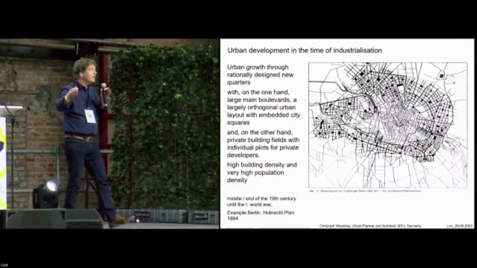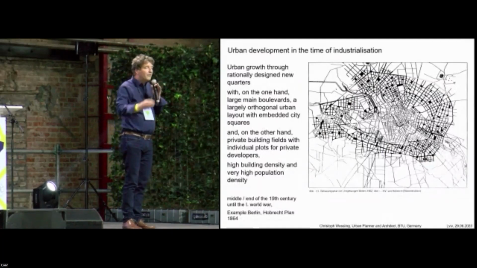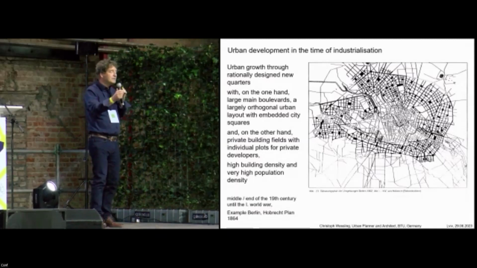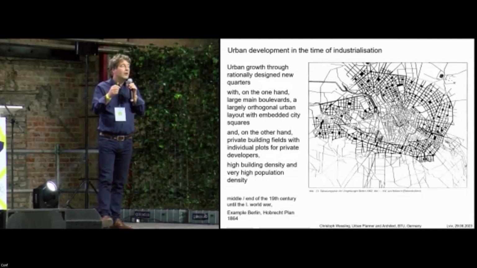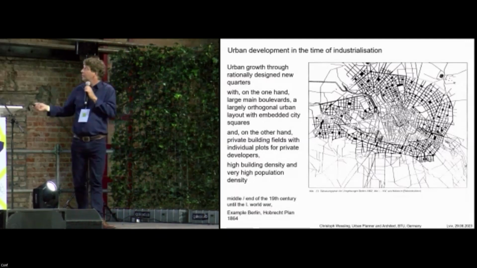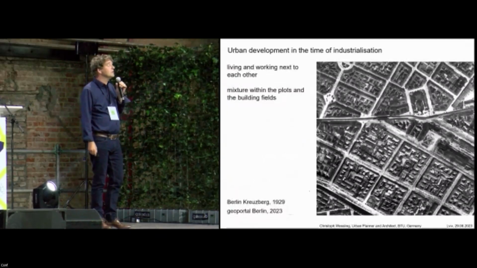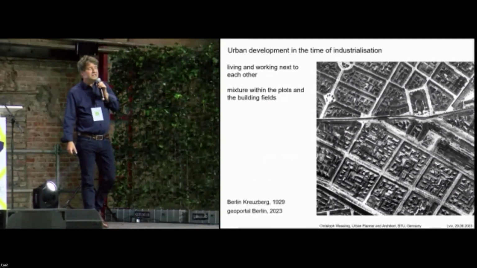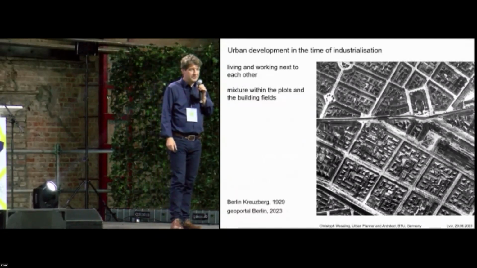The building fields were divided into several small parcels, and on those parcels, individual investors, families, built their houses. This led to very, very dense urban structures. Today, these are in our cities the most popular quarters.